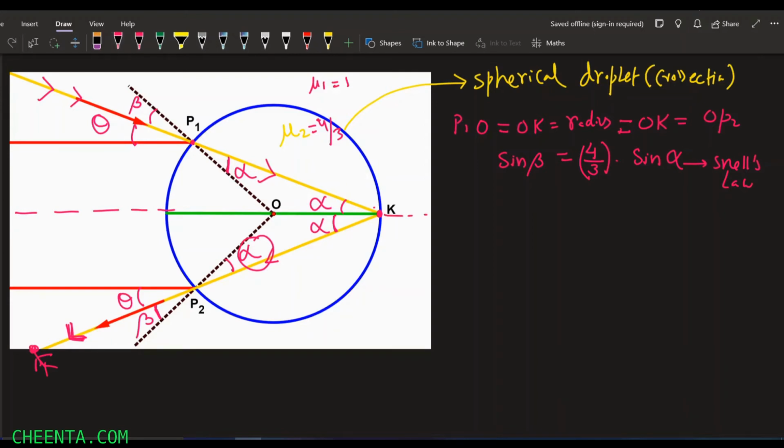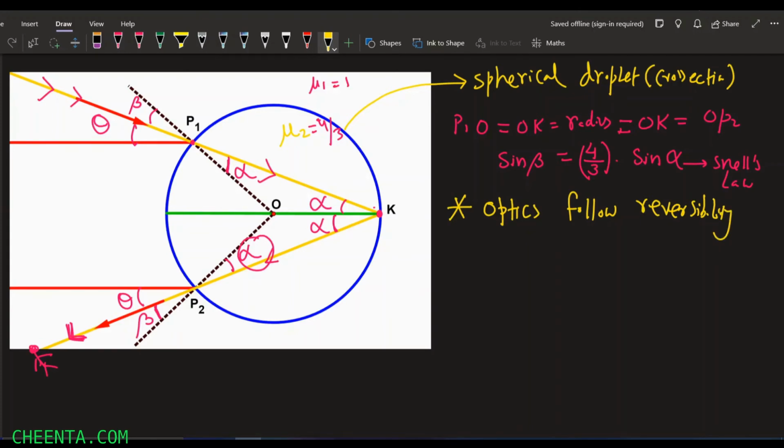I hope you have noticed that this diagram is symmetric with respect to the green diameter. So what does it mean? Well, this is a very powerful theorem in optics. This is called reversibility, and we can write it as: optics follows reversibility.